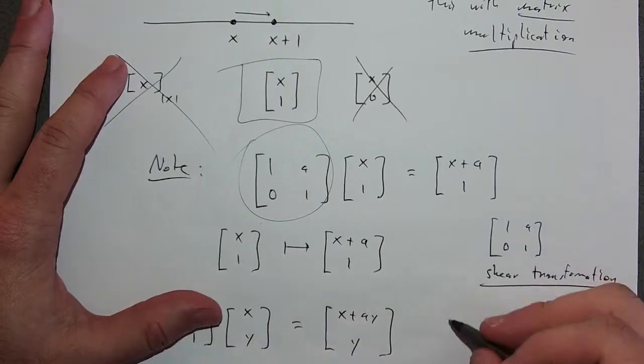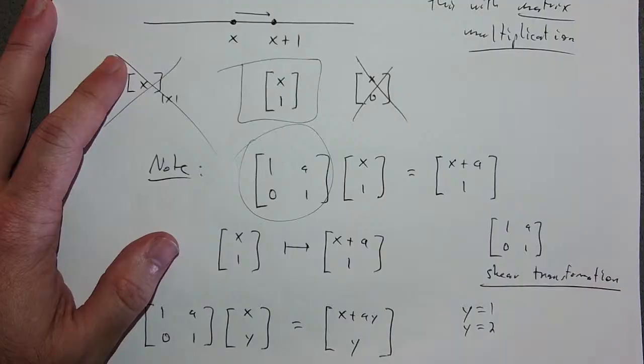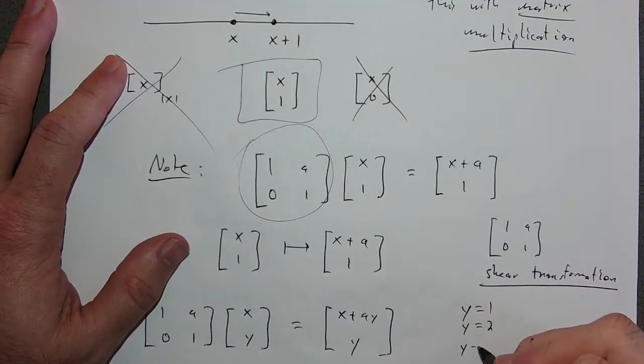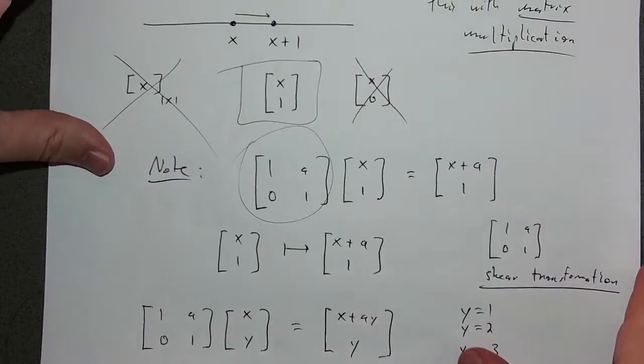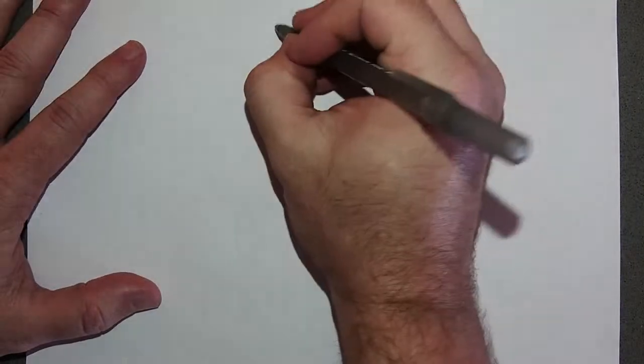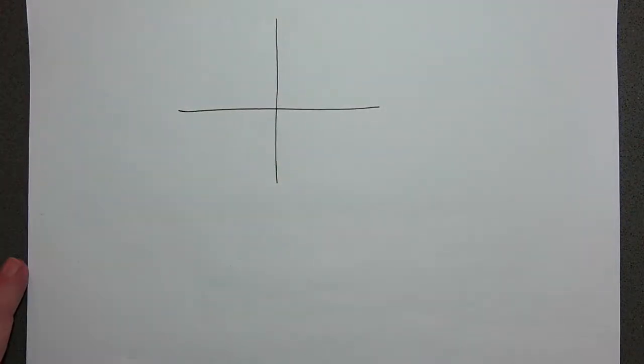Look at how the lines y equals 1, y equals 2, say y equals minus 3, are moved. I'm going to draw these lines real quick. So here's my xy plane.